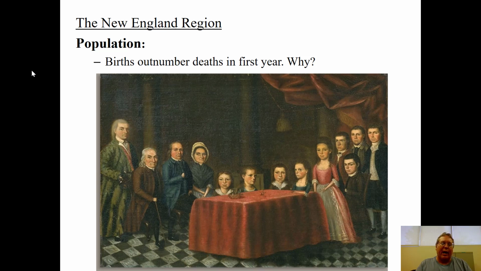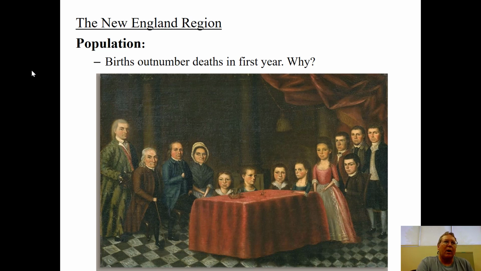Your chances of dying as a child in New England in 1670 are actually about 1 in 10, when it's about 50-50 in England, and maybe even worse, about 40-60 of you living if you were born in France or parts of Germany. So why? Why from the very beginning of these New England colonies do they have more people being born in their colonies than dying in their colonies?